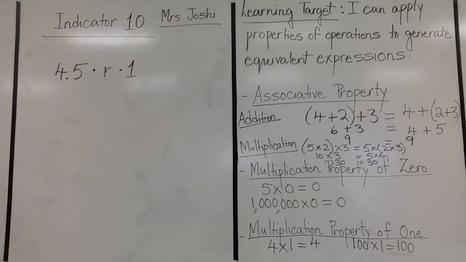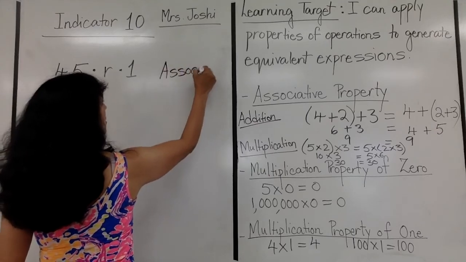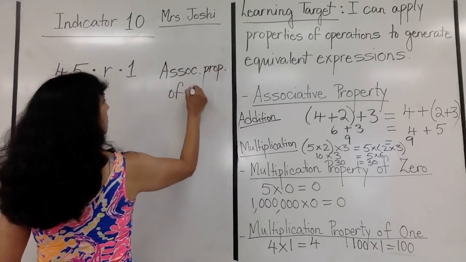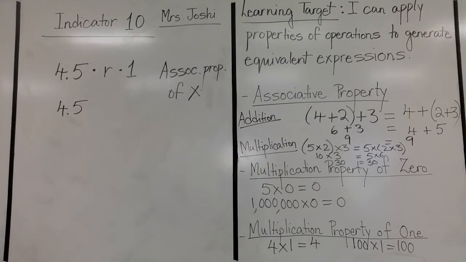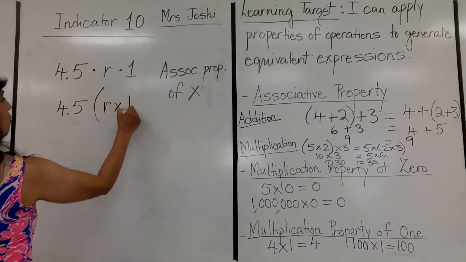So we can do the associative property of multiplication first. So we are grouping it. Associative property of multiplication. I am just going to go ahead and group, in this case, r times 1.